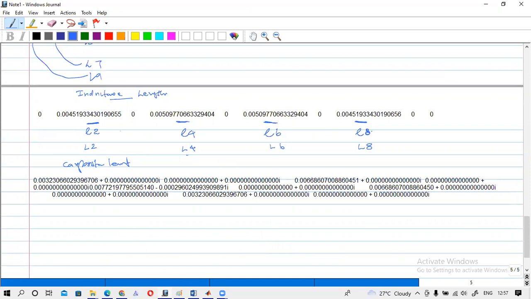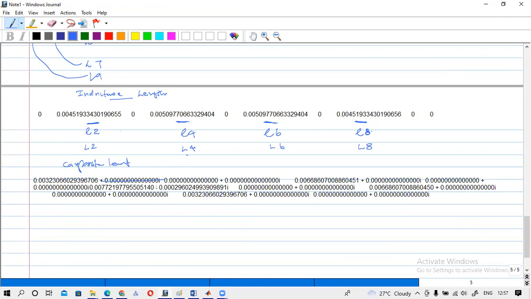Capacitance lengths also have a complex value. But you can see that all the complex values are 0.